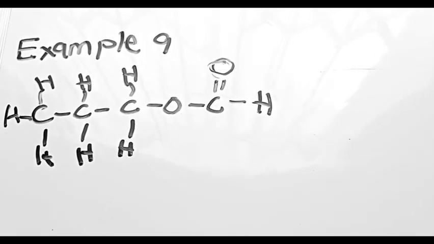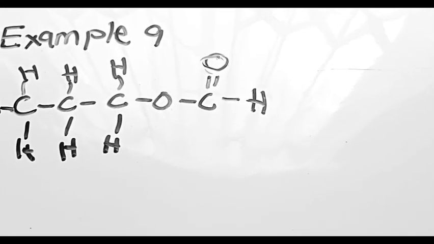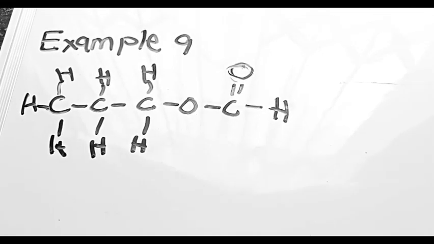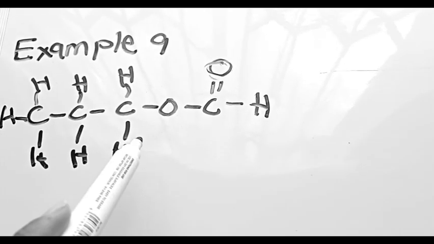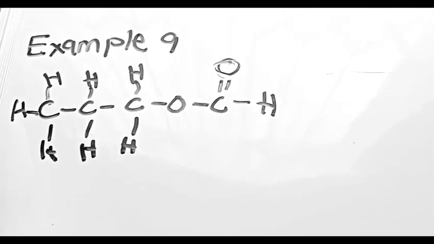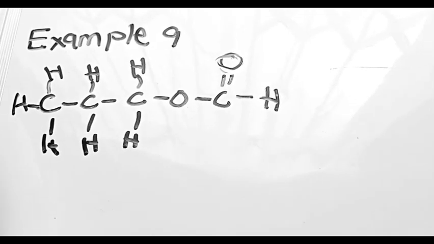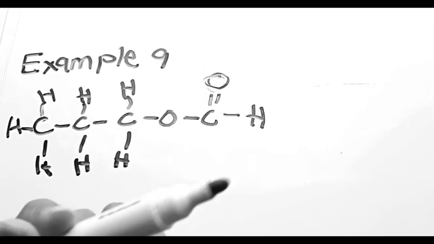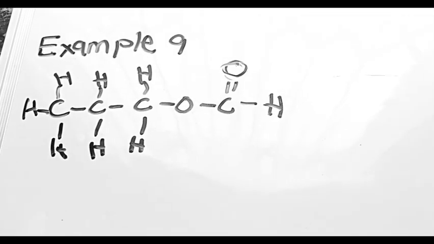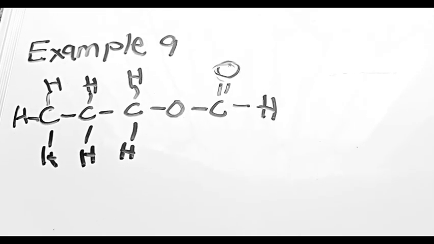Right. So esters are composed of alcohol and carboxylic acid. So from this side to the left-hand side, it's the alcohol, and from this side until the right-hand side, it's the carboxylic acid. So how do we name esters?